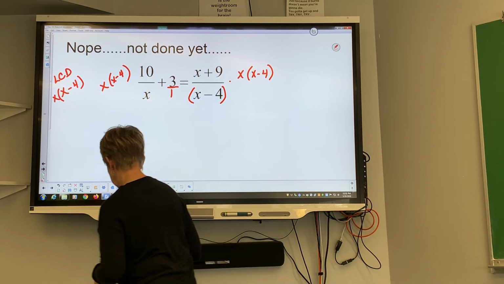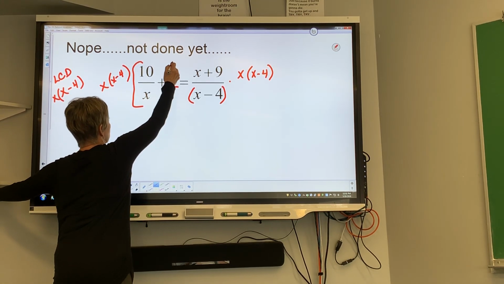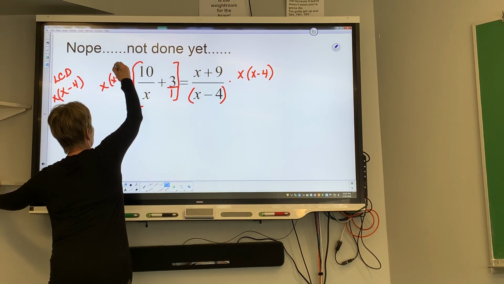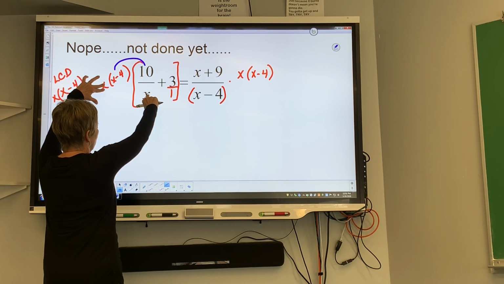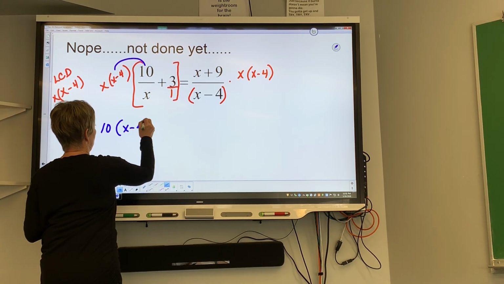All right. So now this side has 2 terms. So when I do that, when I multiply this by the first fraction, the x's are going to form 1, and I'm going to have 10 times x minus 4.